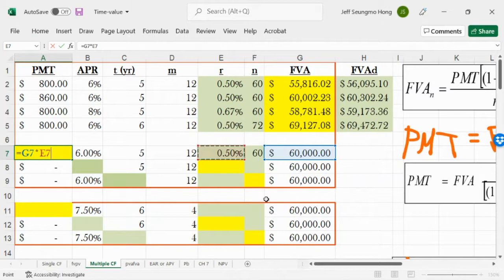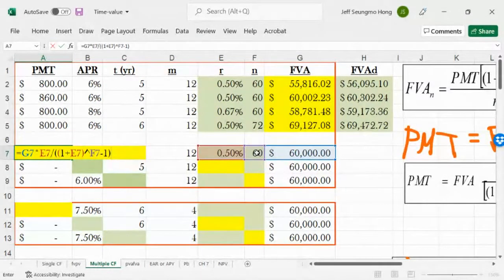Don't worry: when you multiply something to a fraction, it gets multiplied to the numerator, and we have only R in the numerator, so we don't need any bracket there. Then in the denominator, open the outer parenthesis and the inner parenthesis, 1 plus R raised to n, minus 1, and close the parenthesis, and that's it.